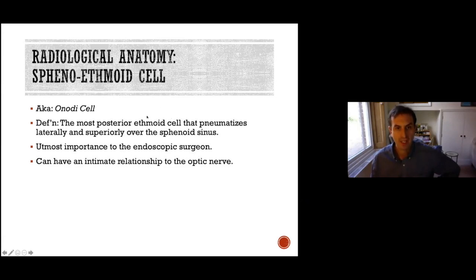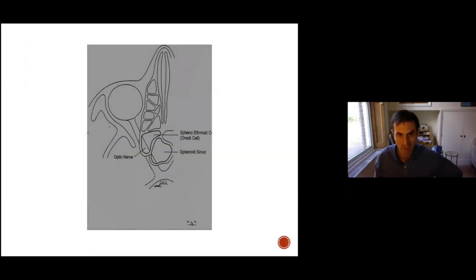And then the next one is the spheno-ethmoidal cell. It's also known as the Onodi cell. And this is a cell that pneumatizes laterally and superiorly over the sphenoid sinus from the posterior ethmoids. And the reason it's really important is because it can lead to exposure of the optic nerve. And if you don't recognize it, you may, of course, therefore injure the optic nerve in the back of that cell.